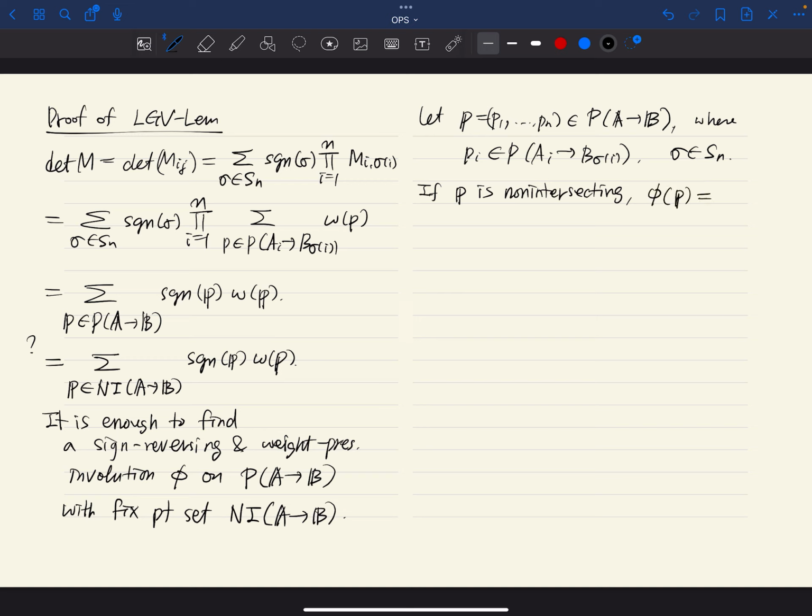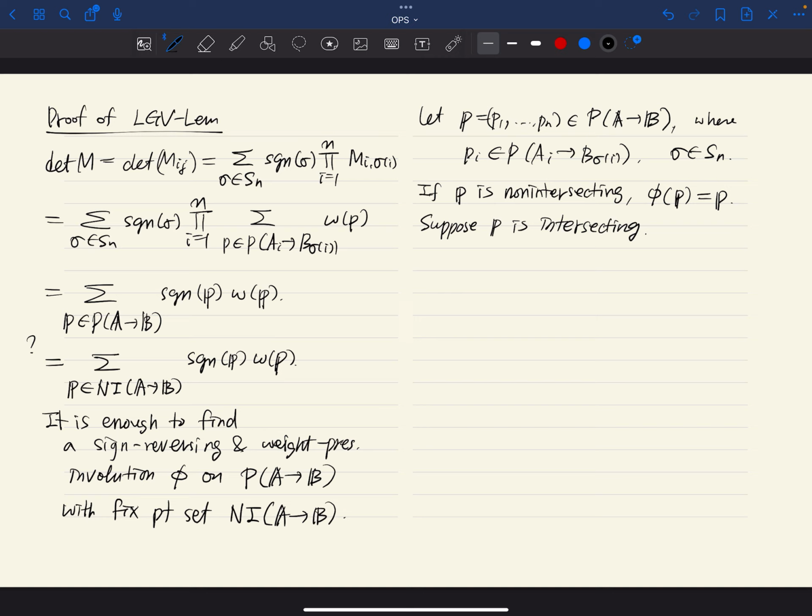But we want this to be a fixed point, so of course this must be just P. If non-intersecting, just leave it there. Don't touch it. So suppose P is intersecting. This is the interesting case, right?